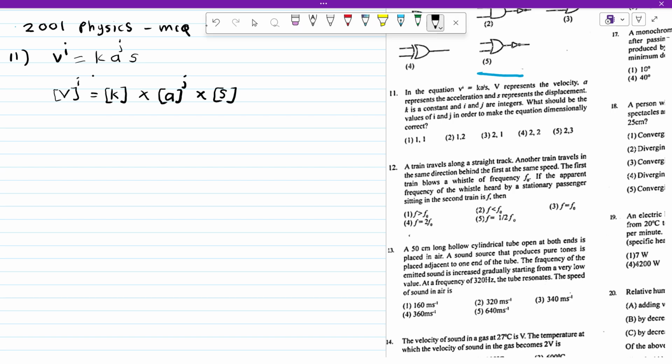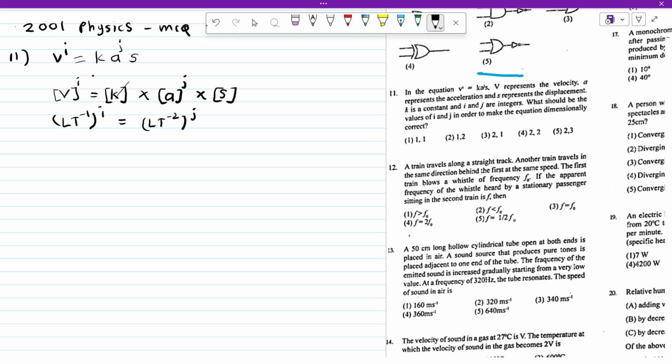So the dimensions of velocity is LT minus 1, within brackets we have to put i like this. K is dimensionless, so no need of that. Acceleration dimensions LT minus 2, into it should be out of the bracket j.